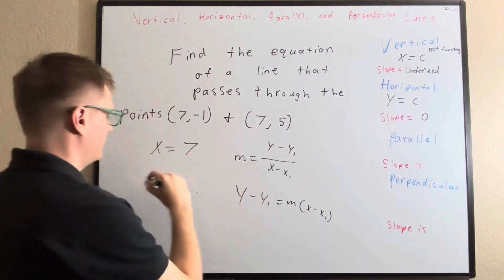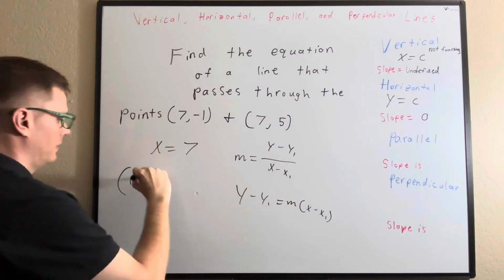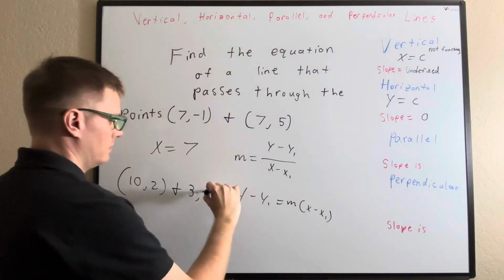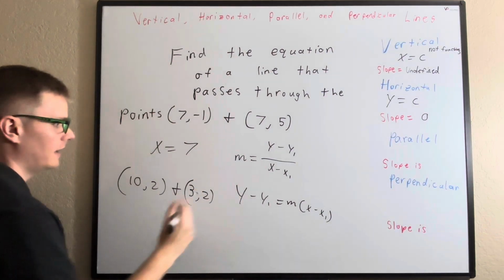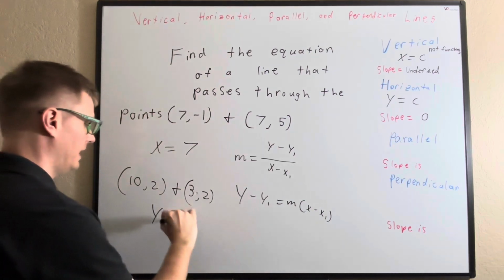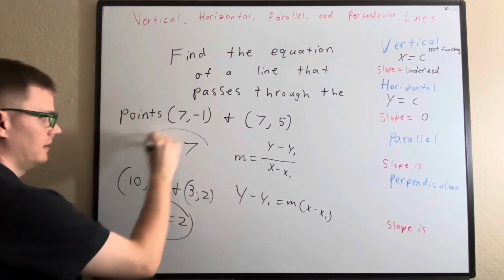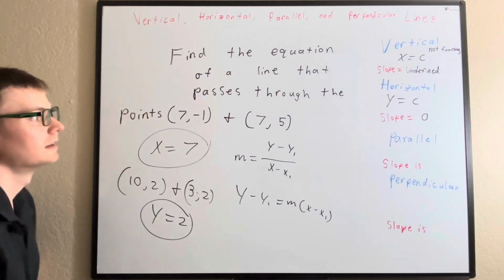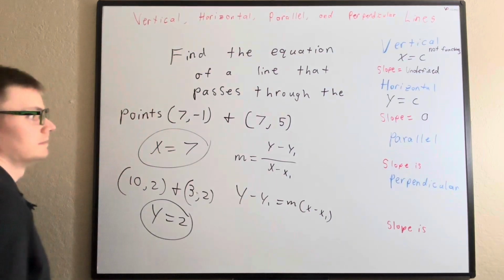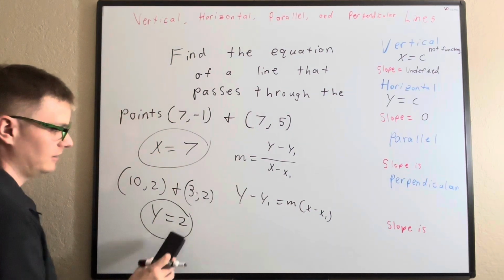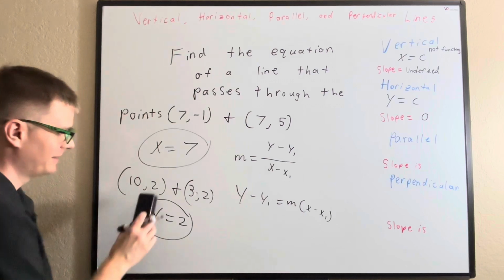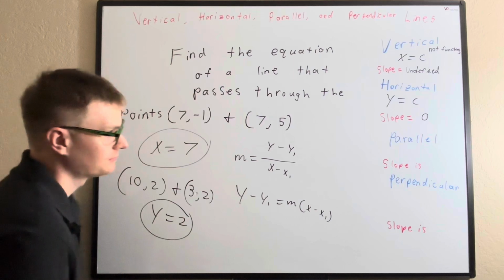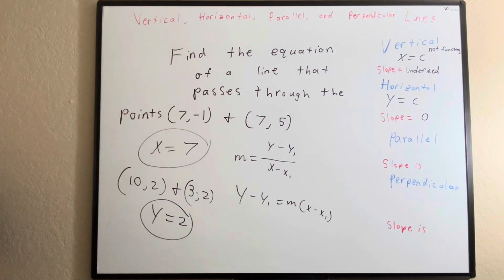If you notice the y's are the same, like 10, 2 and 3, 2, you don't have to go through all this crazy math. You can just say y equals 2, bro. That was easy. Your teacher might ask you to explain how you got that answer, but you could just say, y is 2 in both points, so that's the answer.